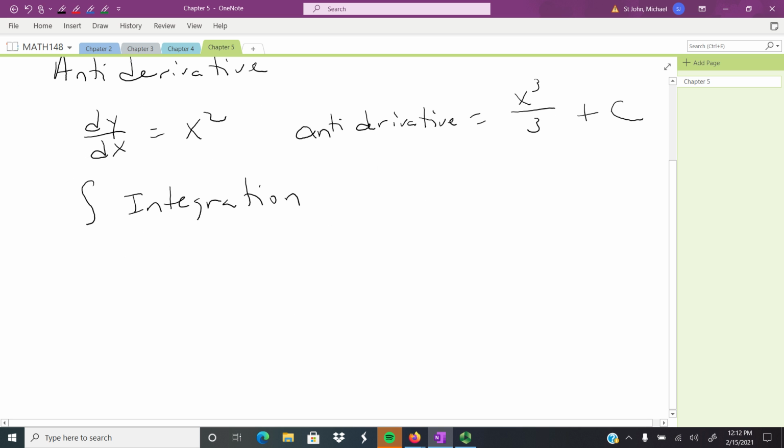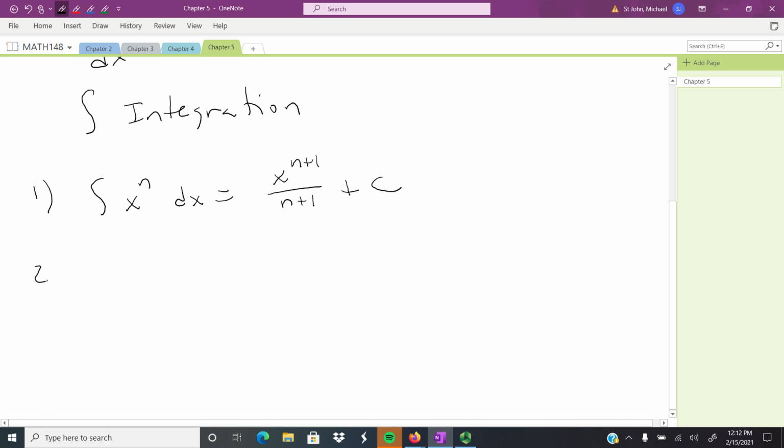So some of the basic rules for integrals then is given x to the n dx. This becomes x to the n plus 1 over n plus 1 plus c. Second one, integral of e to the x is e to the x plus c.